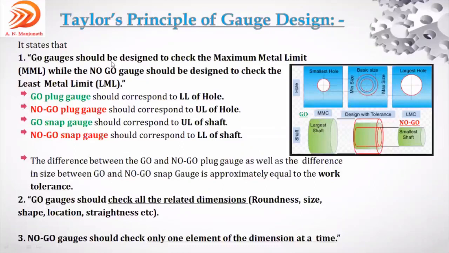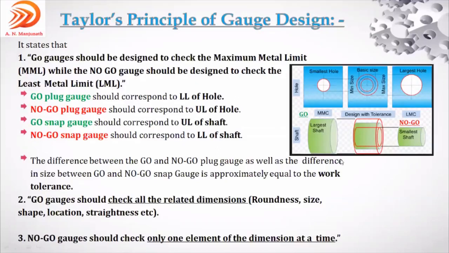Now see the first one. Go gauge should be designed to check the maximum metal limit. You can see the figure also. All of you know already that the go gauge represents maximum metal condition. You can see the cursor right here. Go gauge always represents maximum metal condition, MMC. That's what is written in the sentence. Go gauge should be designed to check the maximum metal limit, while the no go gauge should be designed to check the least metal limit.